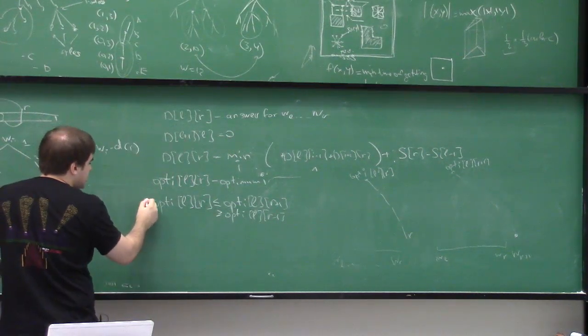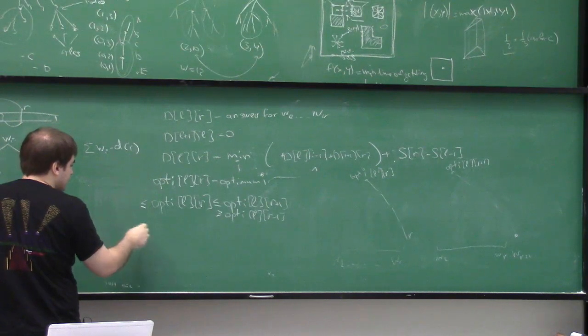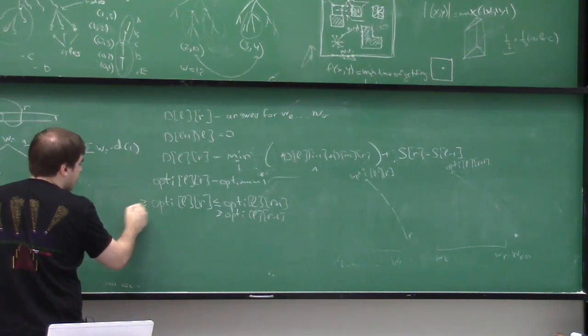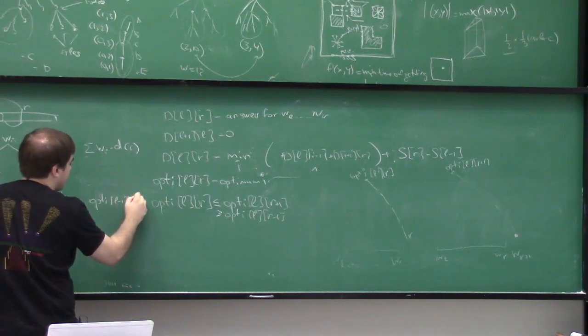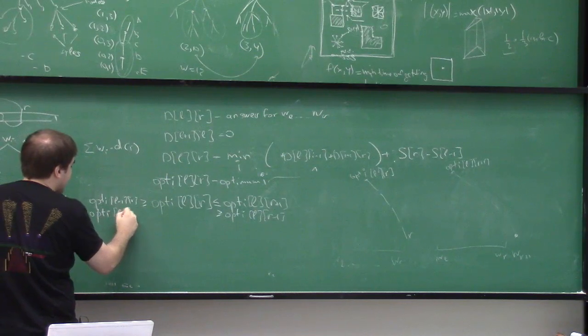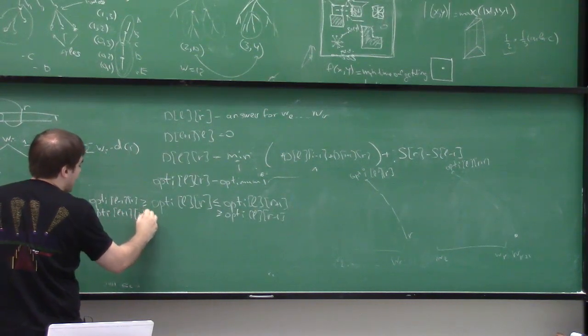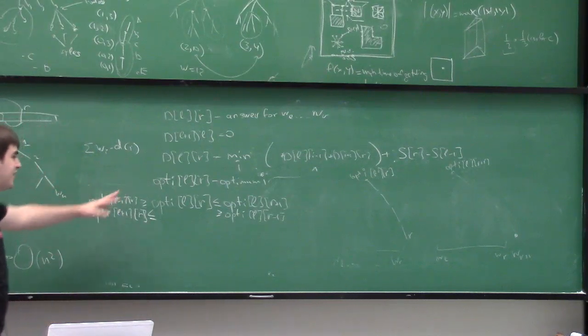On the other hand, it is smaller or equal to opt_i(L-1,R), and it is larger or equal than opt_i(L+1,R). So we have the four relations.